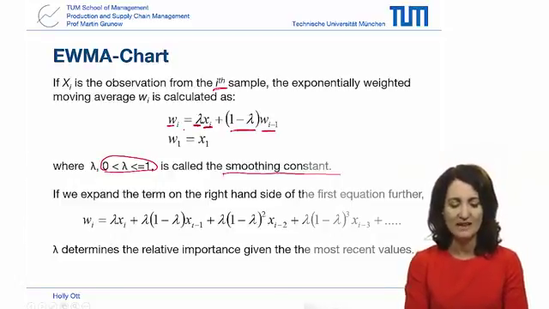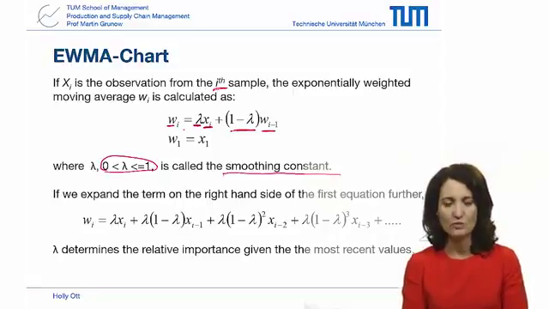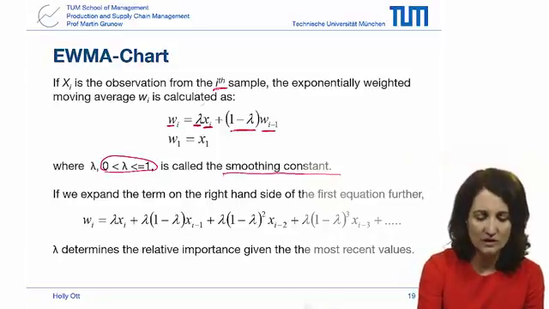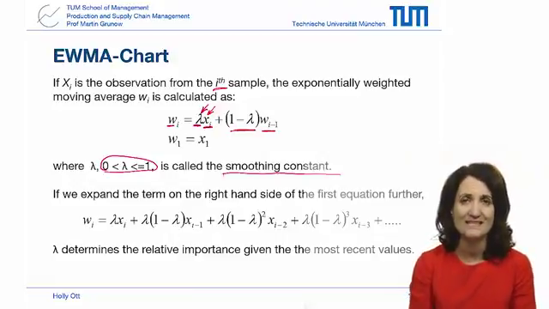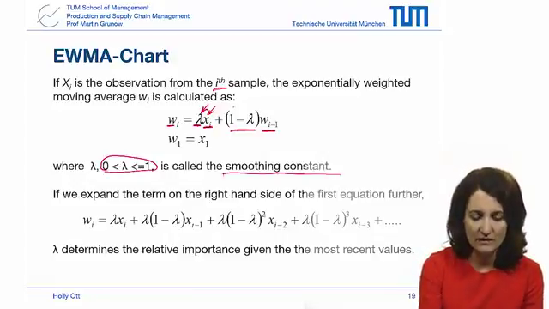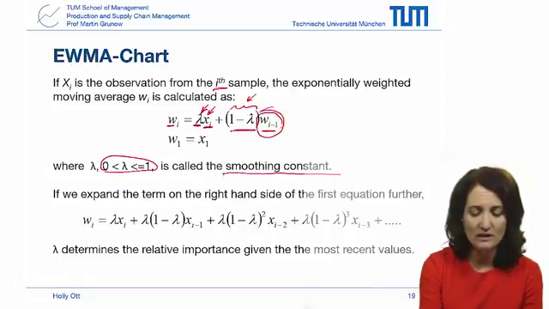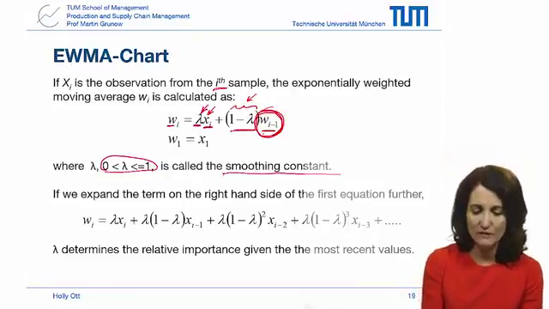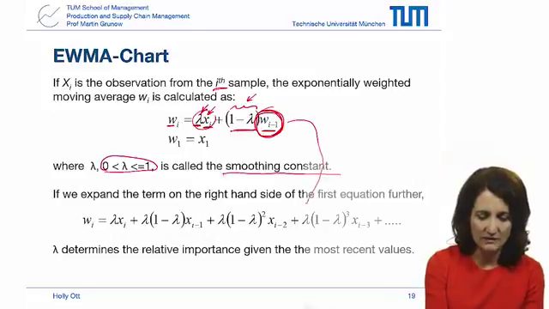What you want to do is to have a lambda which will weight the most recent values. The larger the lambda is, the higher the weight you have on the most recent data, and the smaller the weight on all the accumulated data that you've had before. So if you expand this, here's lambda xi.